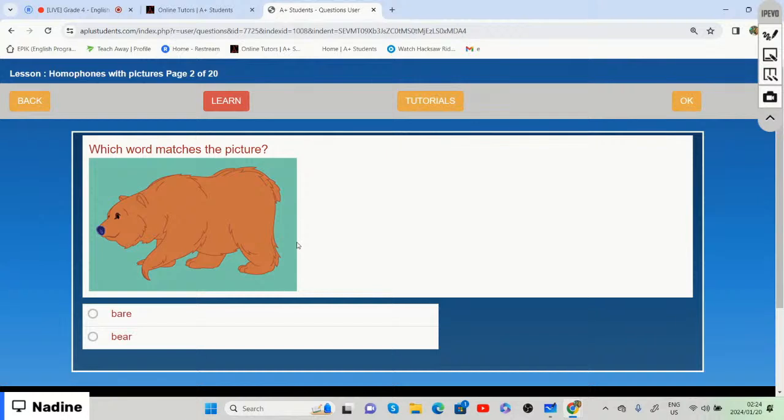So which word matches the picture? Both of these words sound like bear, which is B-A-R-E, and bear, which is B-E-A-R. All right, so now which word matches the picture? So we can say the second one, which is a big brown bear.